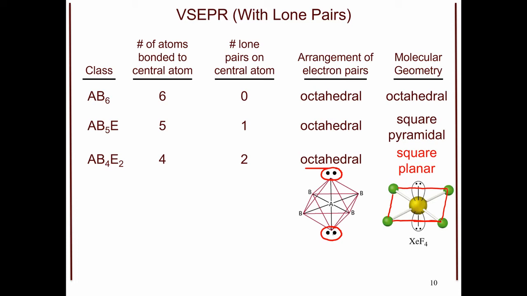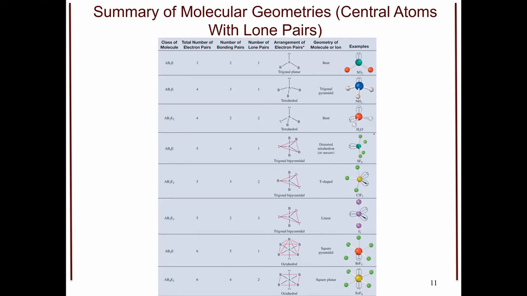So as you've seen in this case, putting our pairs of electrons in, we want to do the best we can to minimize their repulsion. Now you can see that we have the summary here of the central atoms with our lone pairs. In the previous video, we showed you the basic molecular geometries. Those are the basic 5 that do not have any lone pairs on the central atom.